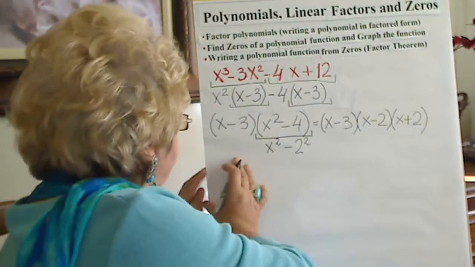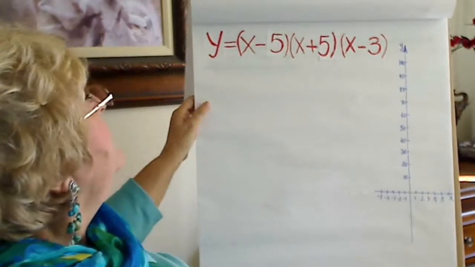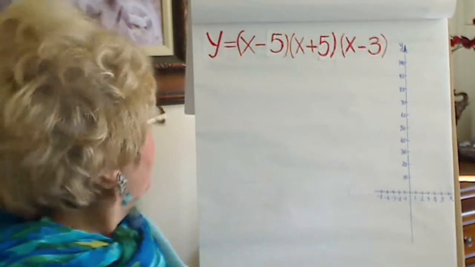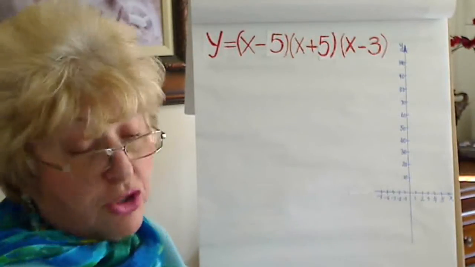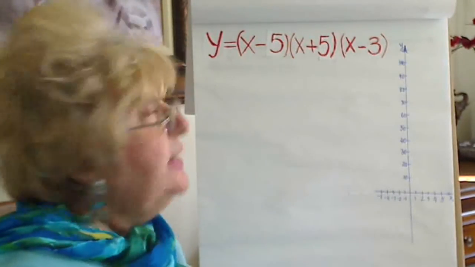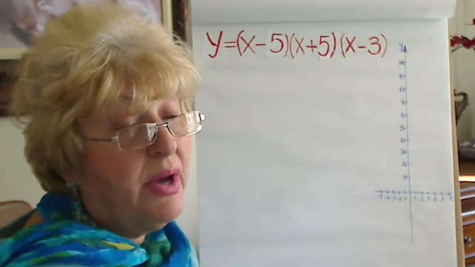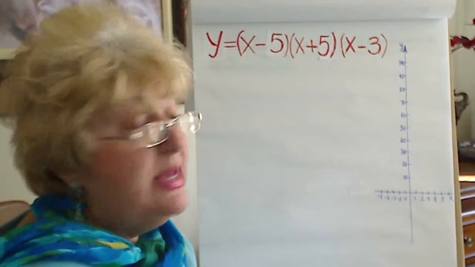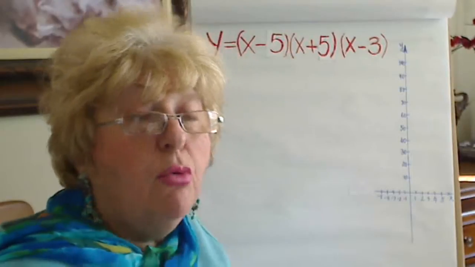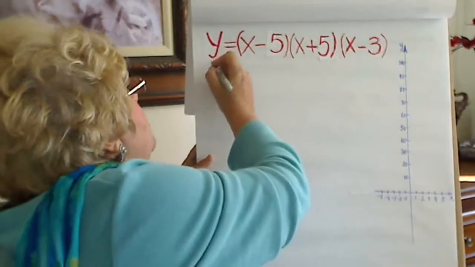We have a polynomial in the factored form: y equals, or function of x equals, x minus 5 times x plus 5 times x minus 3. To find zeros, or roots, or solutions of the polynomial, we need to say that y equals 0.